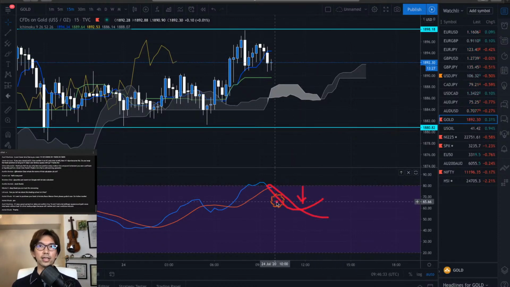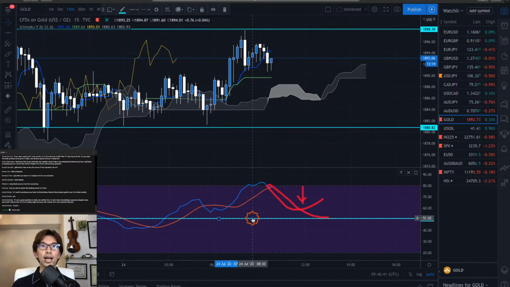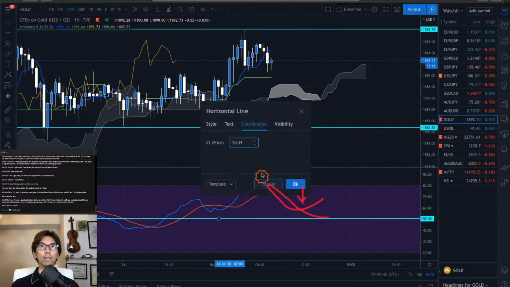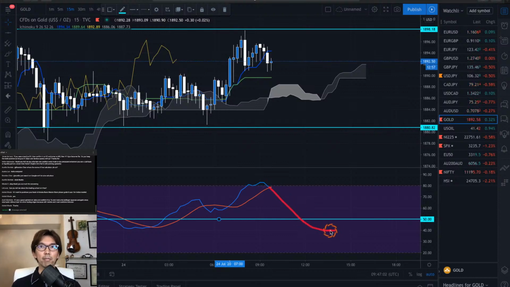Ideally, the gold cross happens below the 50 line, so you can put the horizontal line at the 50 level on Stochastics. Whenever the gold cross happens below 50, that will be a great chance to buy by itself.